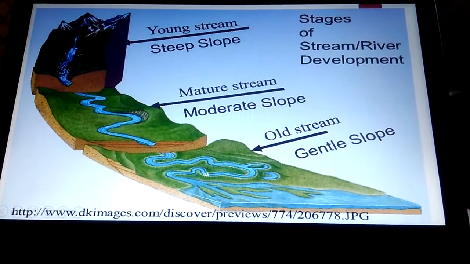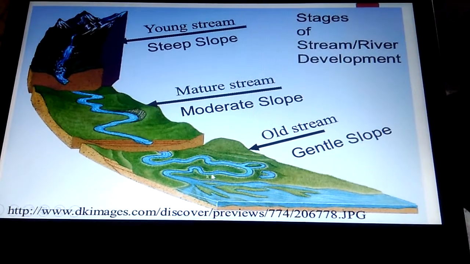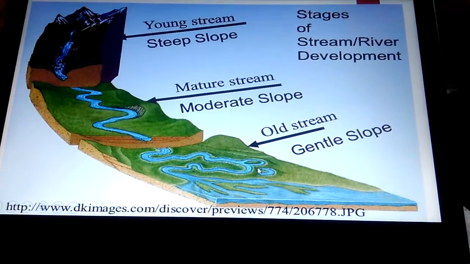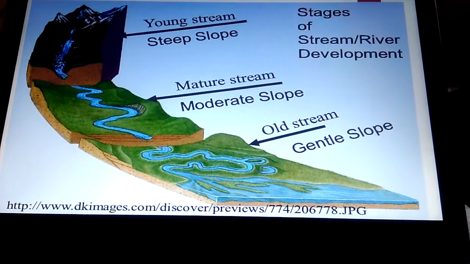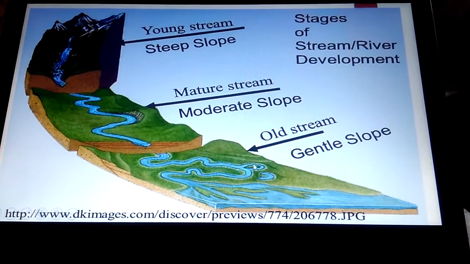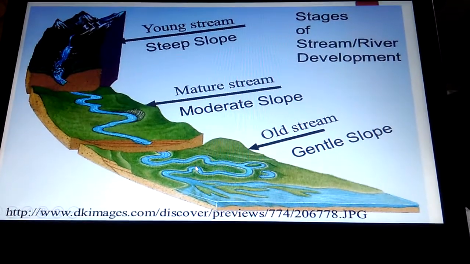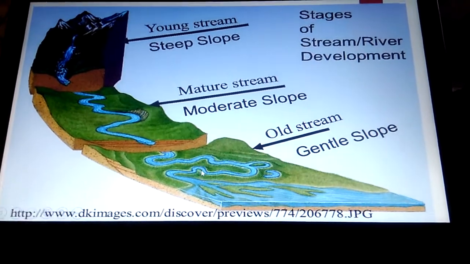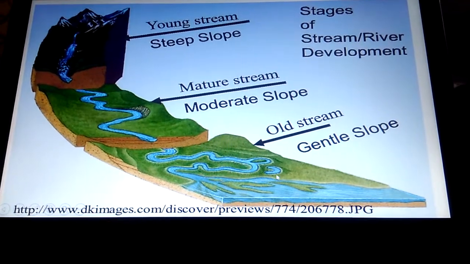And then we have the third stage of the river, which we call the old stage or the lower course of the river, where the volume of water in the river is very high. The river flows with a very slow movement and is involved in a lot of depositional activity.